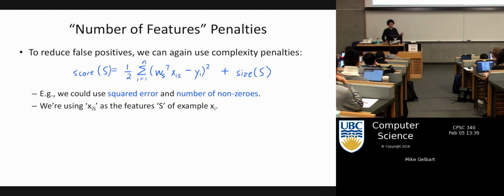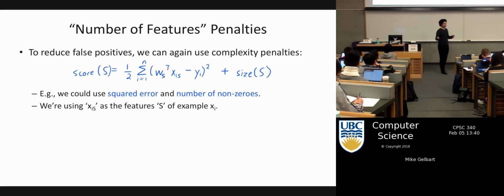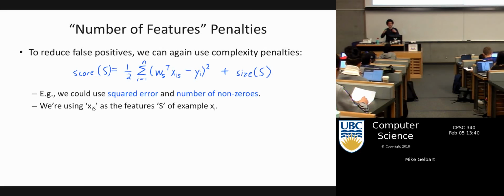So now we're going to come full circle again a little bit and revisit this specific idea we talked about at the beginning of today, which was penalizing the degree of a polynomial or the number of parameters, and say, let's apply this to feature selection. So let's take the size of S, meaning the number of features, and have that be our penalty.